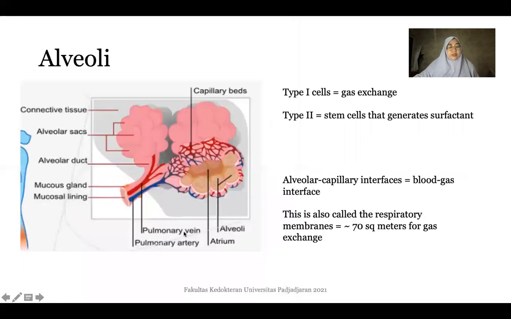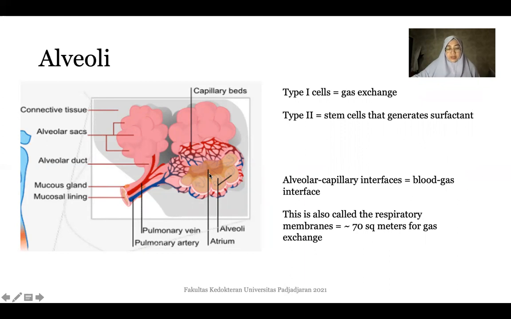So let's talk a little bit about the alveolar sac. In this diagram, we have three alveolar sacs, right? Each one of these structures is an alveolar sac. You can see that it's a spherical structure made up of smaller spheres, and each of these smaller spheres we call an alveolus.